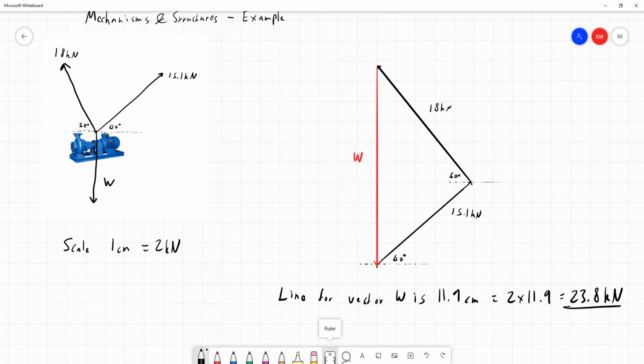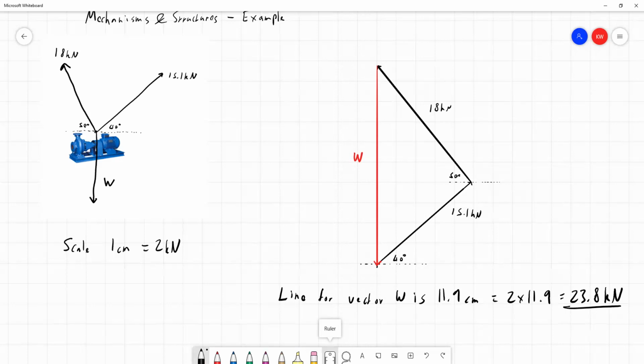Now, I don't know exactly what the definite correct answer to this is. You can calculate using trigonometry, but certainly this answer would be accurate enough in a question like this. So the key parts are: identify a suitable scale, measure your angles accurately, convert any forces using the scale, and do your best to draw these things in accurately with your ruler.